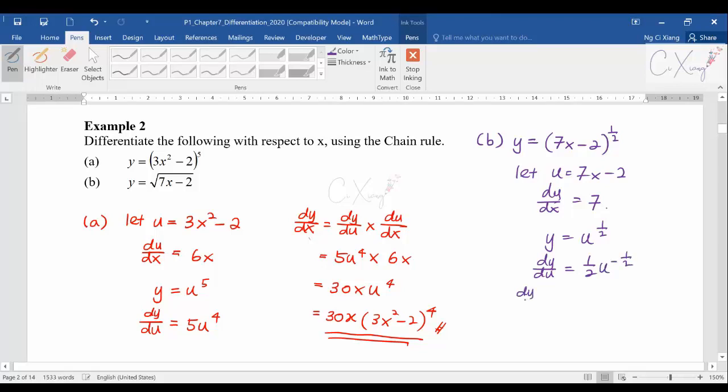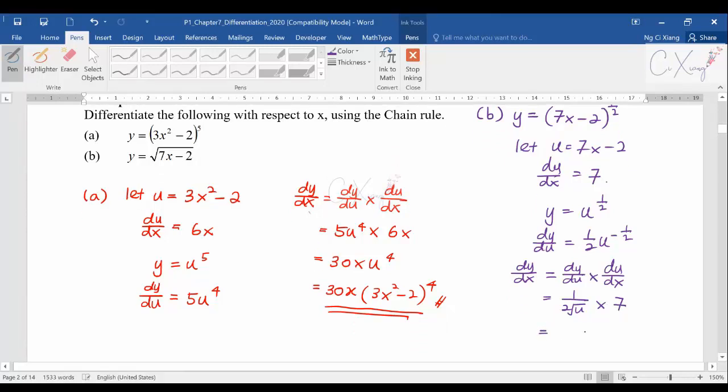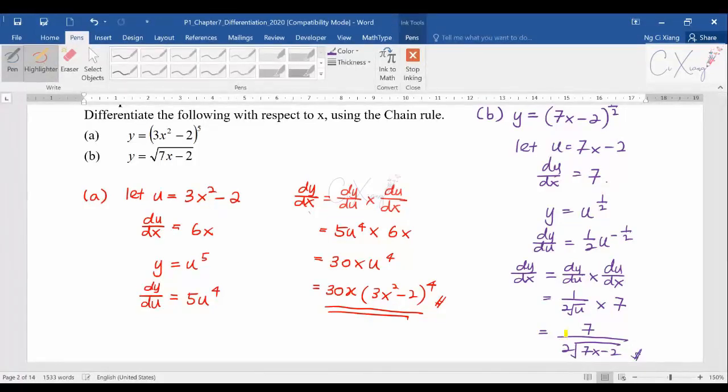To get dy dx, you have dy du multiplied with du over dx. dy du is 1 over 2 square root u, multiplied with du dx, which is 7. To rephrase it in terms of x, I have 7 over 2. This is not the best way to get an answer, but it revises the concept of the chain rule.